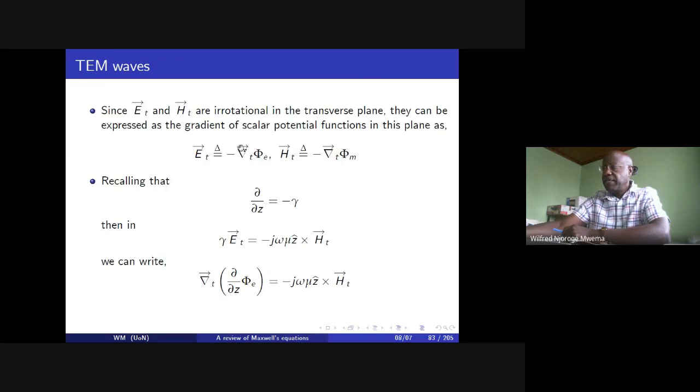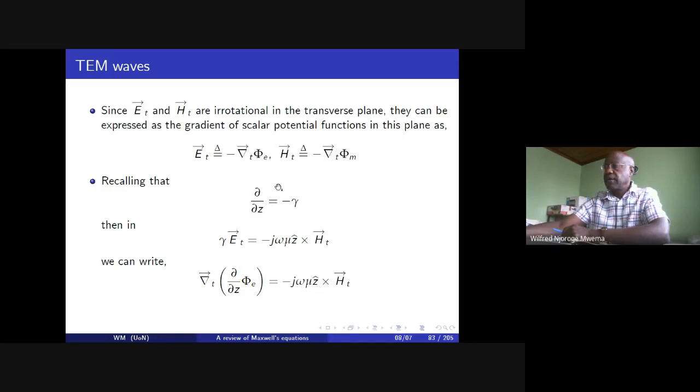Now, if we replace E_t by its definition, then we see that the derivative of phi_E with respect to z is equal to minus j omega mu.